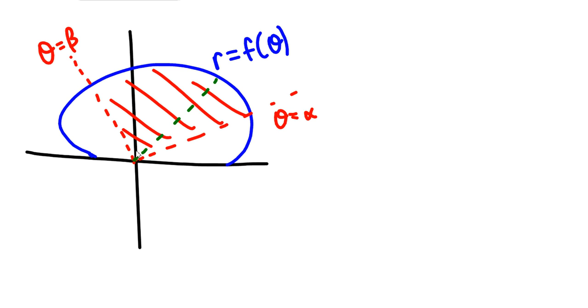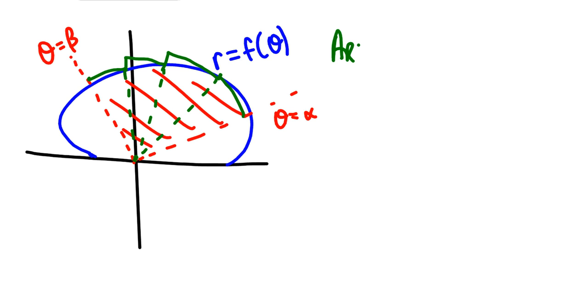Well, we break it up into a bunch of sectors because we know how to find the areas of circular sectors, right? That's one thing we know how to do.